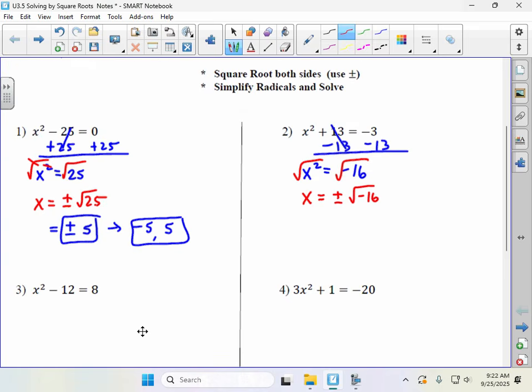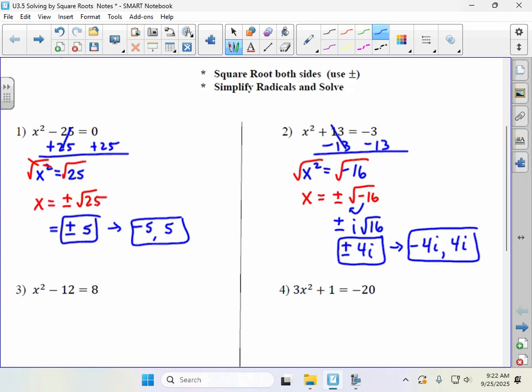We can pull the negative out, and when you pull it out, it goes in between the plus or minus and the radical. So we have plus or minus i root 16. Root 16 simplifies down to 4, it's perfect, and so we get plus or minus 4i. If you wanted to separate it, that would be negative 4i and positive 4i, but you can just use the plus or minus symbol. Just make sure you don't put the 4 in front of the plus or minus, so it's not 4 plus or minus i. Be careful with that.